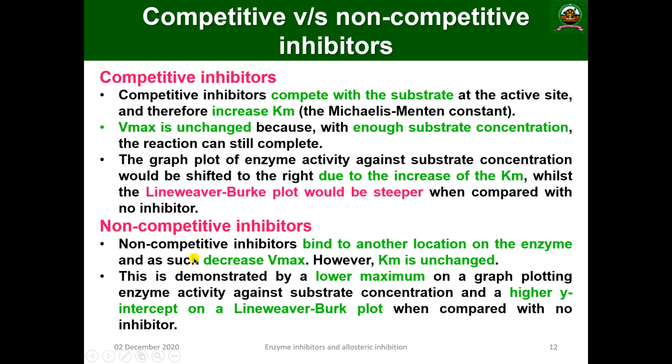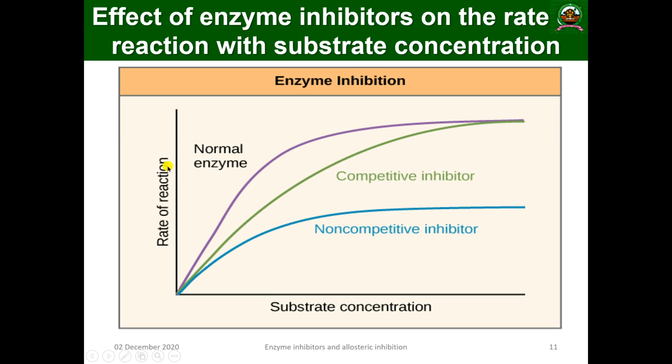But non-competitive inhibitors bind to another location on the enzyme, known as the allosteric site, which decreases the Vmax, but Km is unchanged. Here you can see the Vmax is here, but with the inhibitor the Vmax is here.